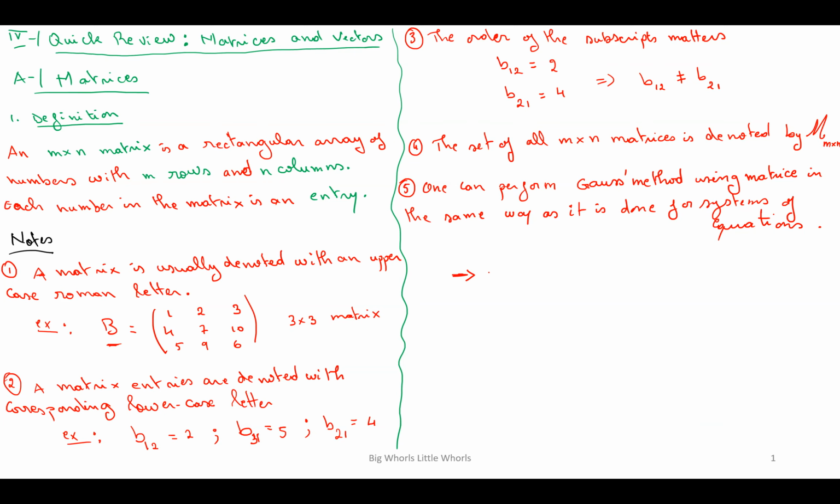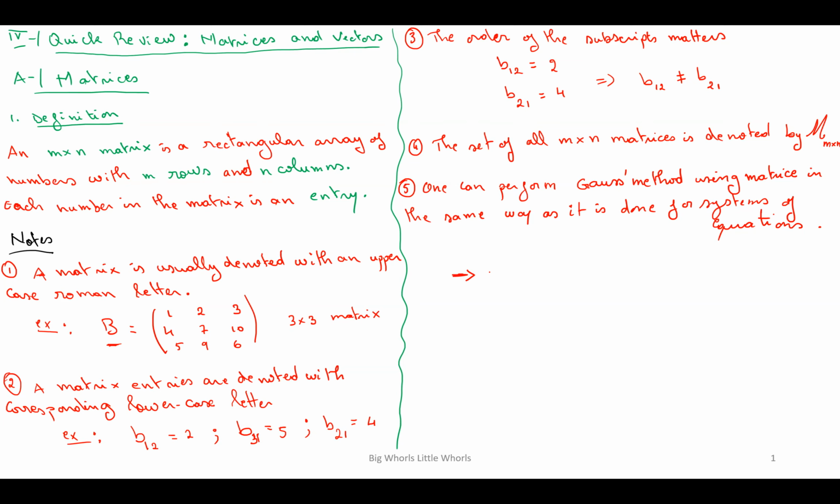We say that the leading variables are the first variables in a row that have non-zero coefficient. The same concept applies to matrices. Instead of leading variable, we call it leading entry.